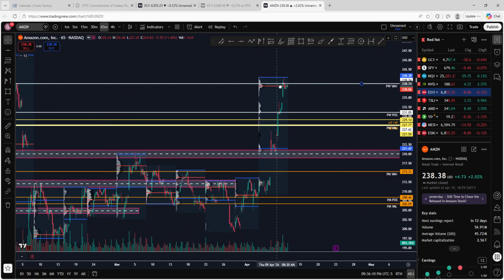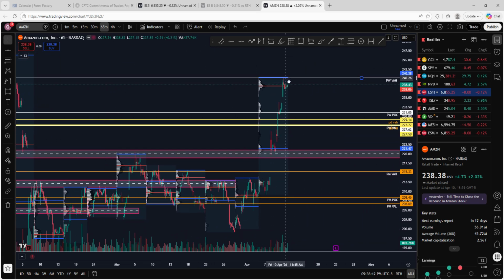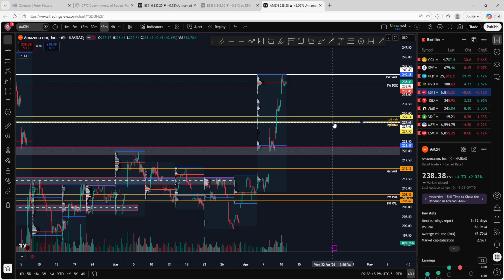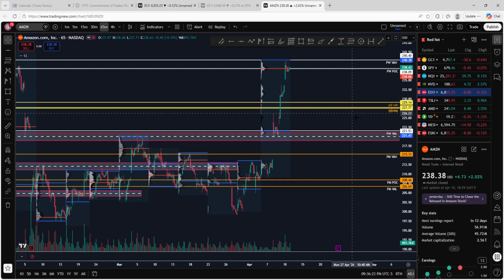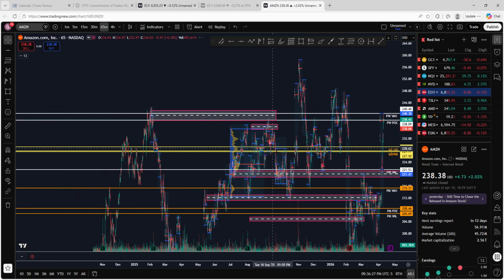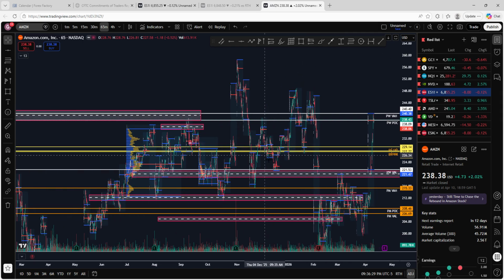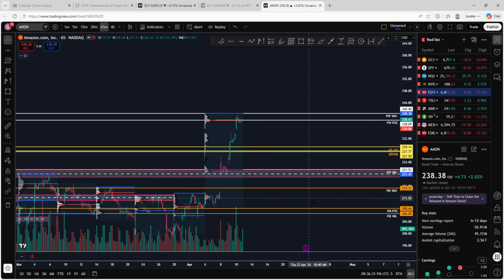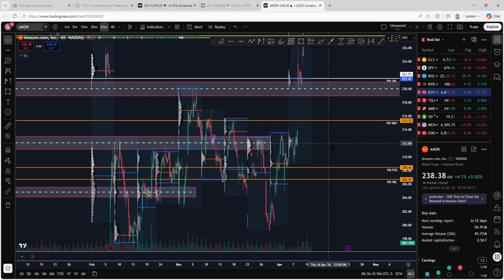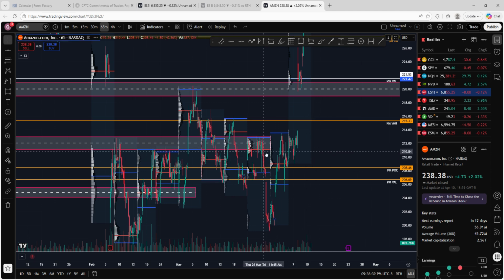Let's see here. Already tested 212, looks good. 212, if they get that. Let's update this real fast, right around that area.